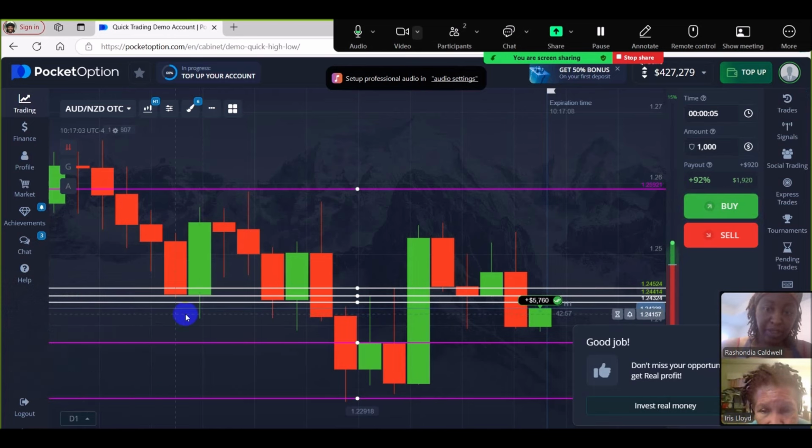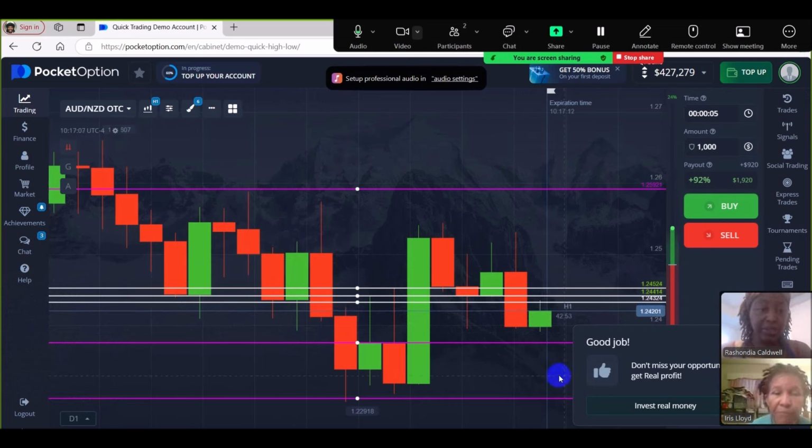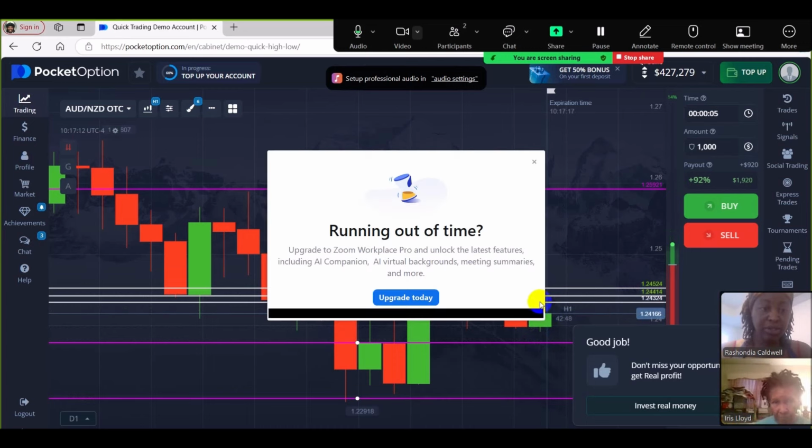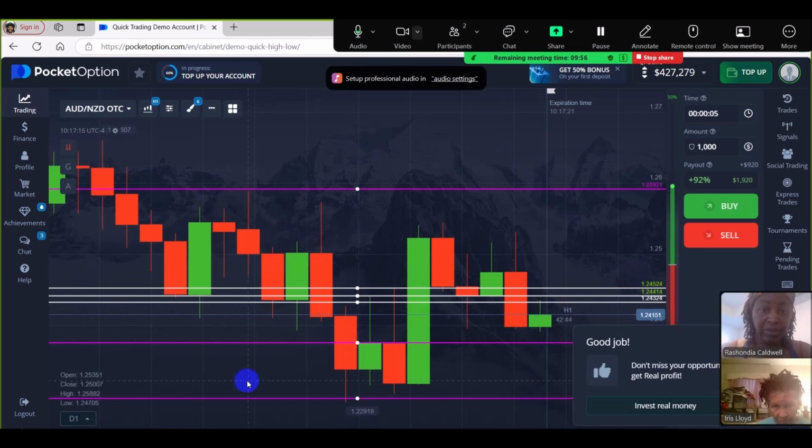It's bouncing back off of these two again, and it's just that game. It's just the game at this point. So now it's trying to push back up closer to this area. So you're just using the wicks.